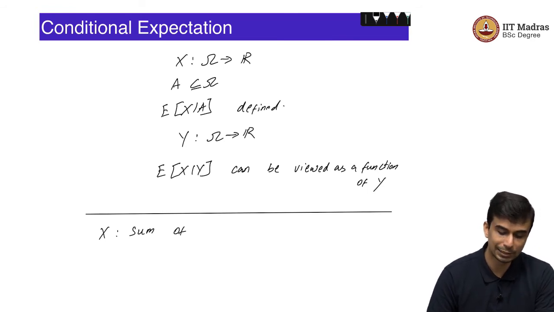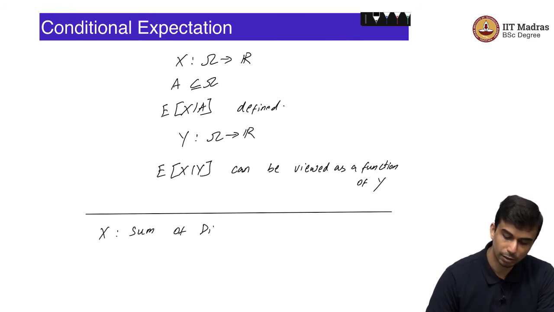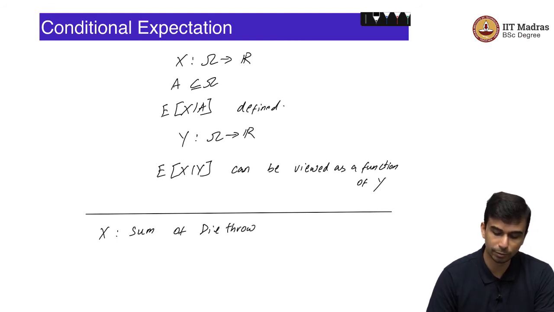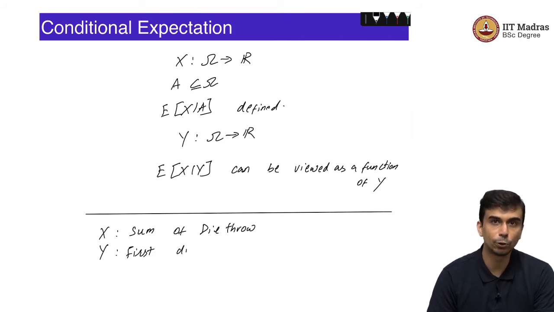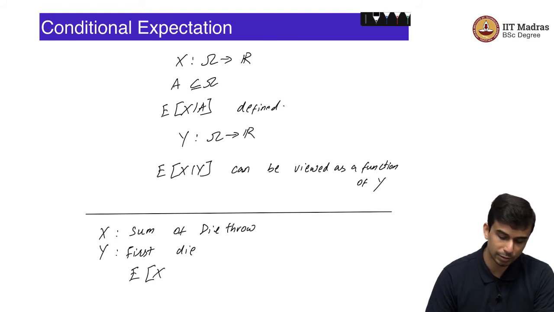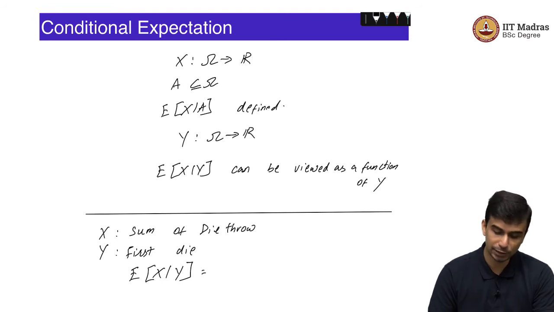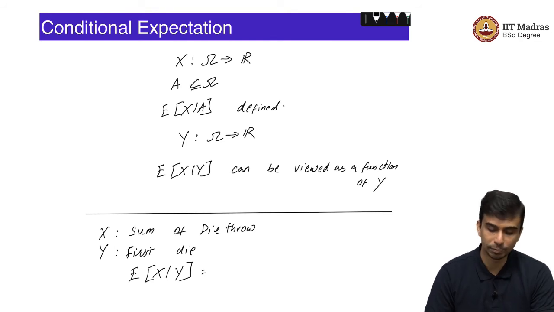Let us take a very simple example, and that should make a lot of things clear. Let us say X is the sum of die throws in the double die throw experiment, and Y is the first die throw. What is the expected value of the sum given the first die throw is y, right.